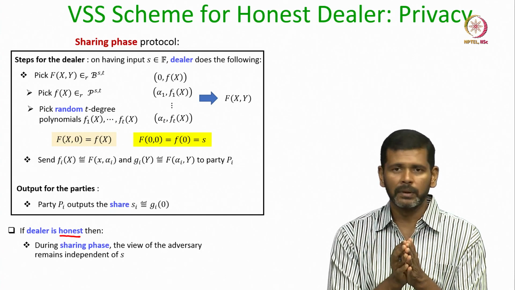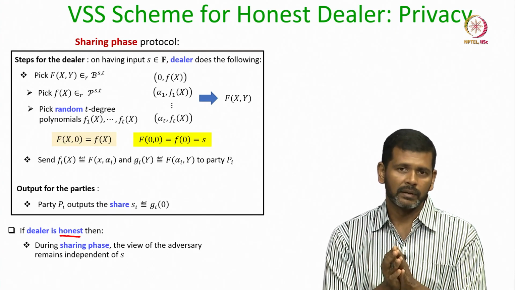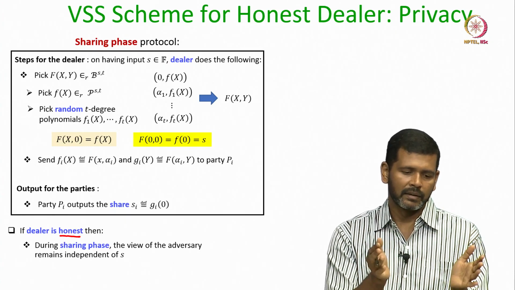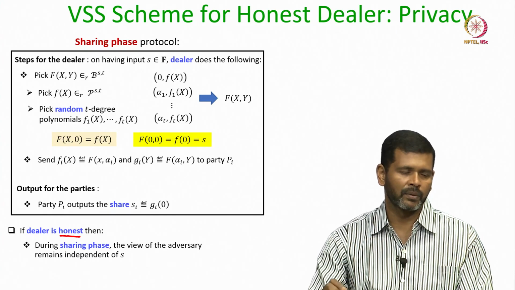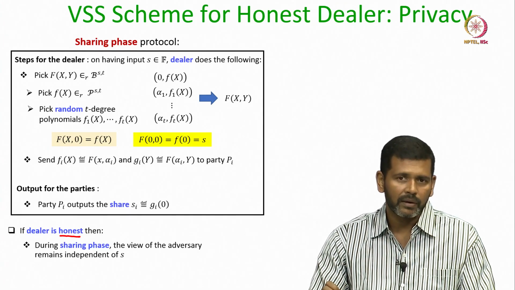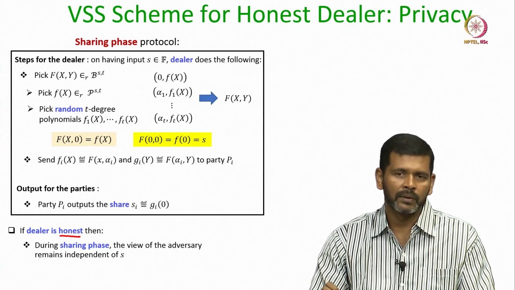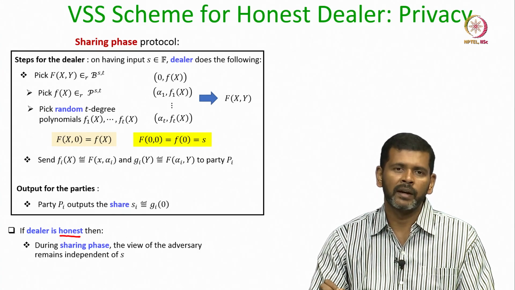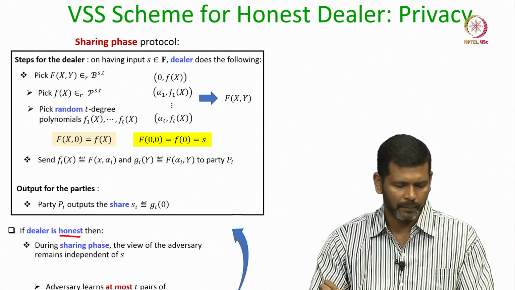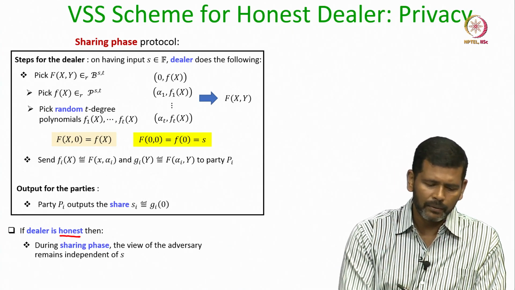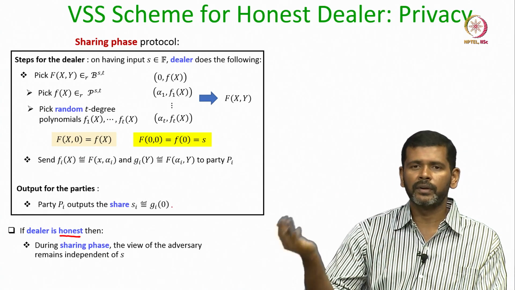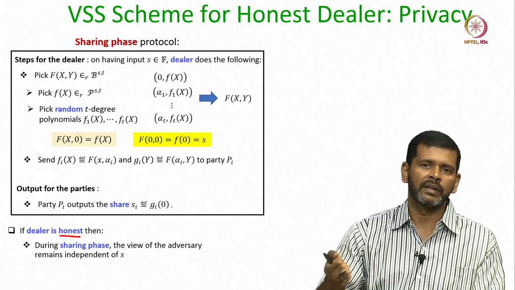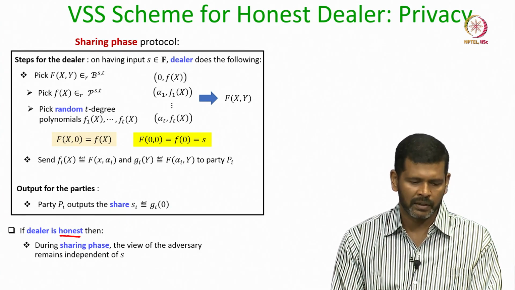If the dealer is corrupt, the secret S and the entire distribution of information is known to the adversary. And why only till the sharing phase? Because anyhow during the reconstruction phase the secret S will be publicly reconstructed.